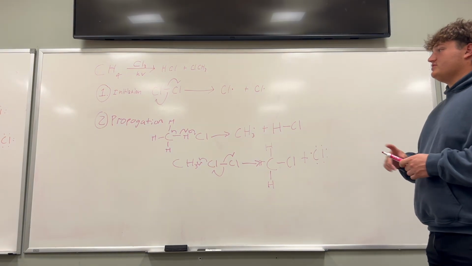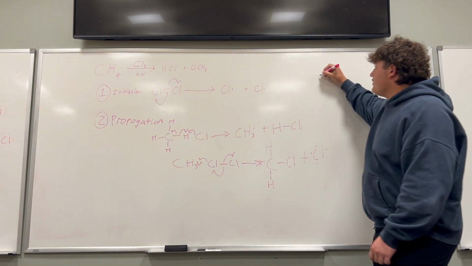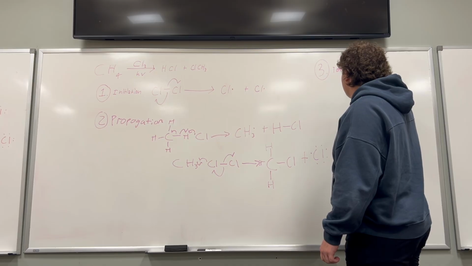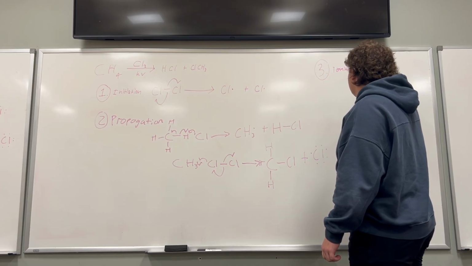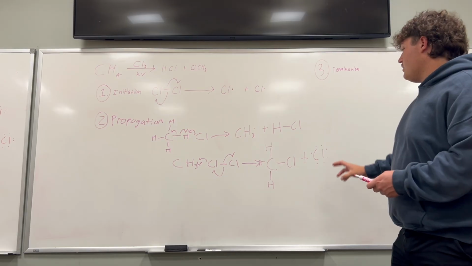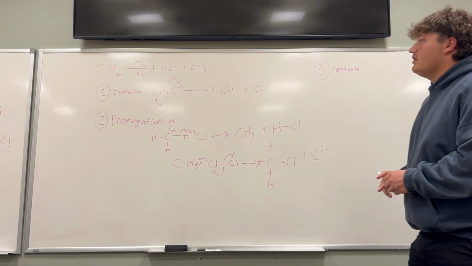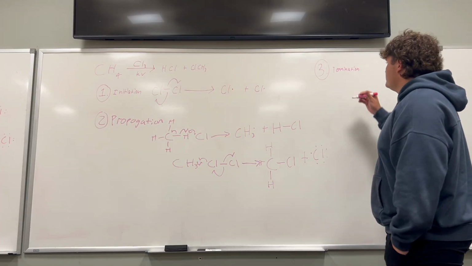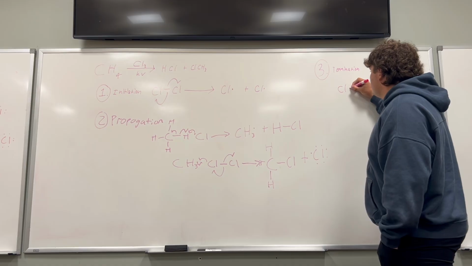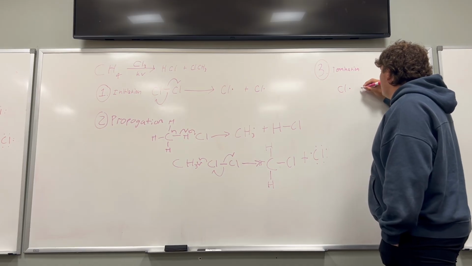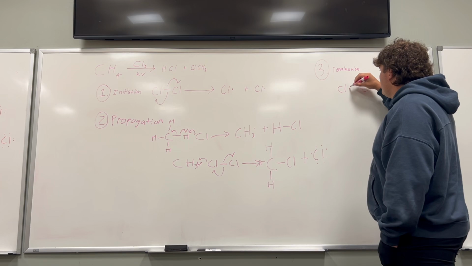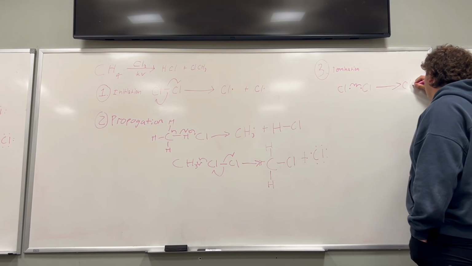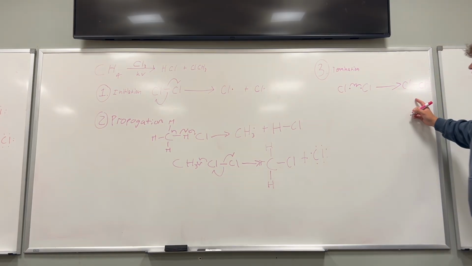Also, while this whole reaction is happening, there's a third step called termination. Basically, in the termination step, while these two products are being formed, there are a lot of other minor products being formed, and that can happen between any radicals. For instance, a Cl radical can react with another Cl radical, and that's going to end up forming just a bond between the two Cls.